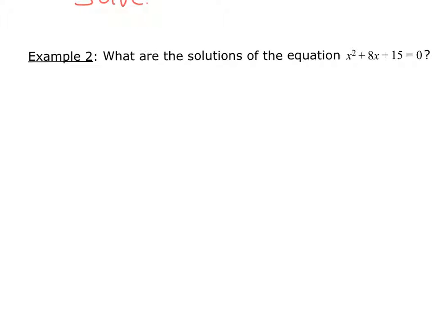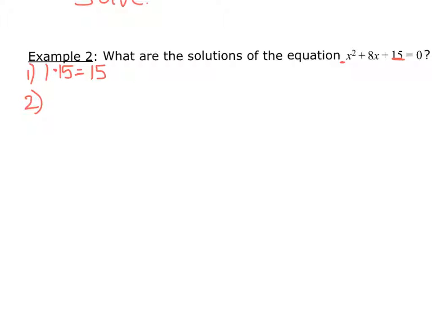All right, so first let's use the 5-step method. So 1, what's A? Well, what's in front of it? 1, so I've got 1 times, what's C? 15. 1 times 15 is 15, right?